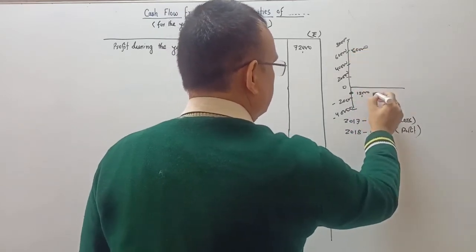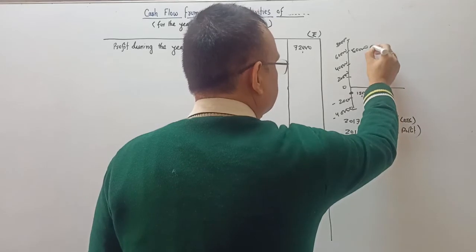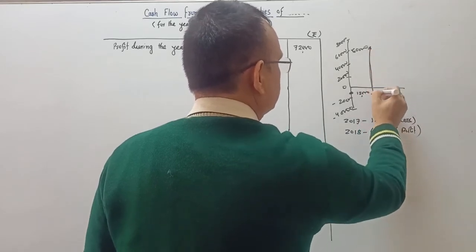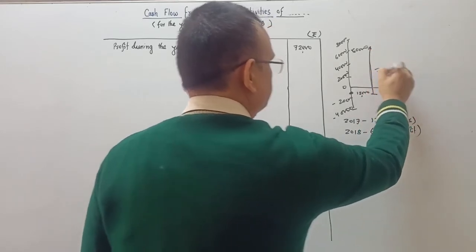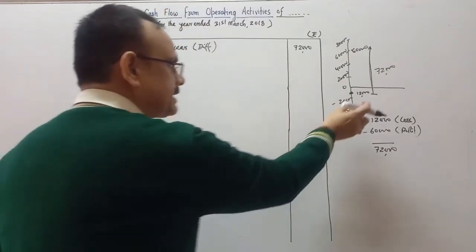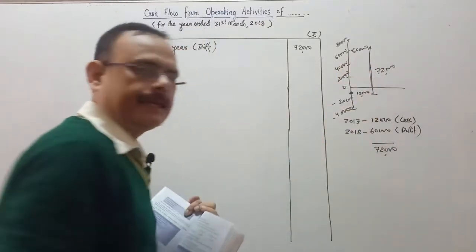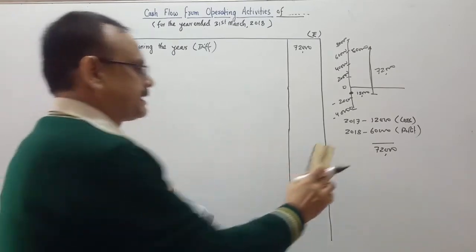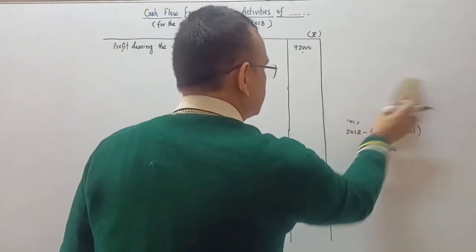So the cover is a total of 72,000. After adjusting this 12, the profit reflected in the profit and loss is 60.